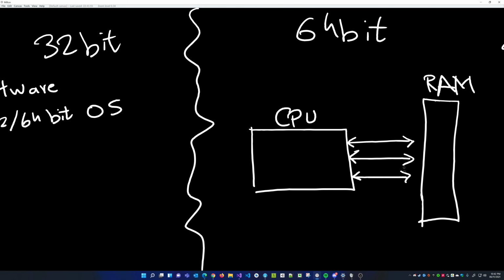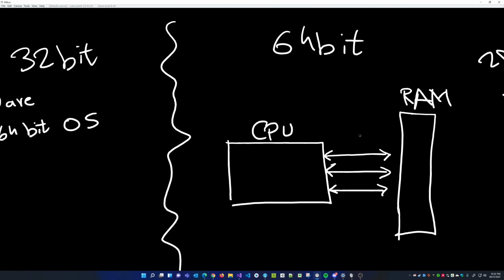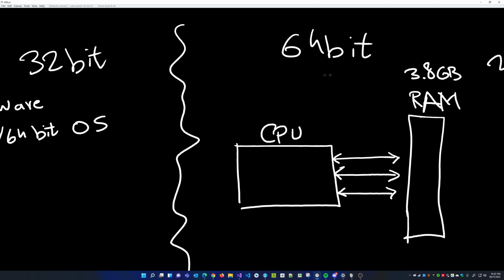Both of these are communicating with each other. Let's start with a 32-bit machine. On a 32-bit machine, you can only use about 3.8 GB of RAM.